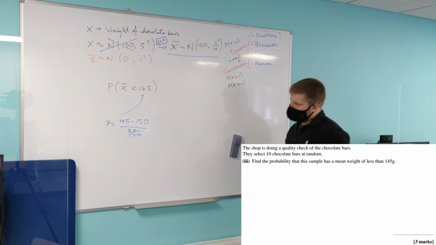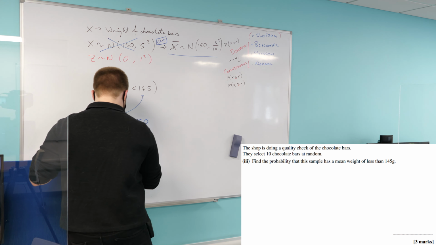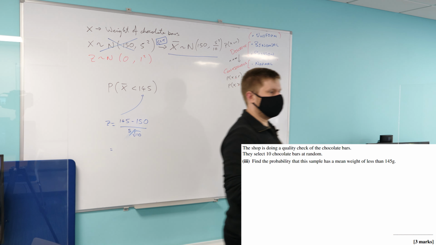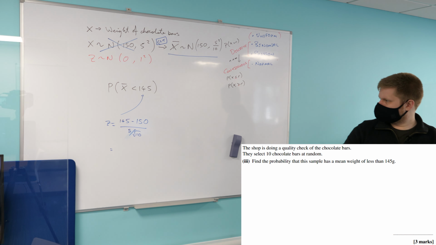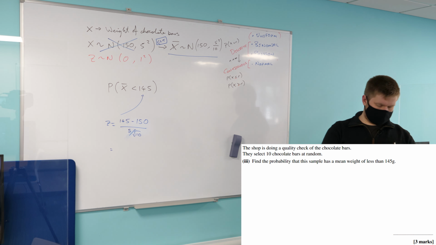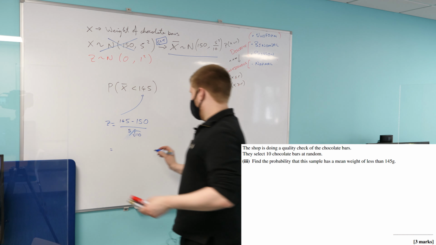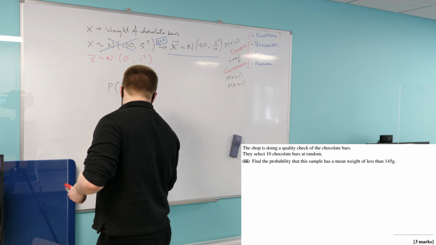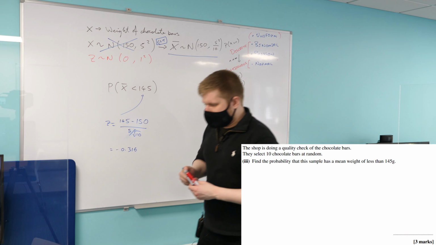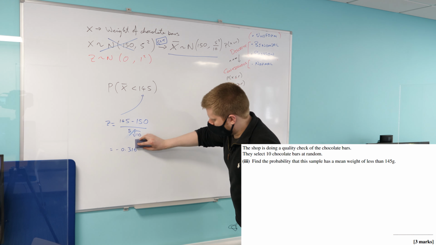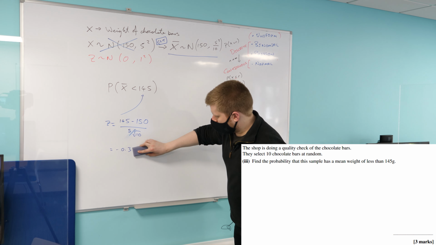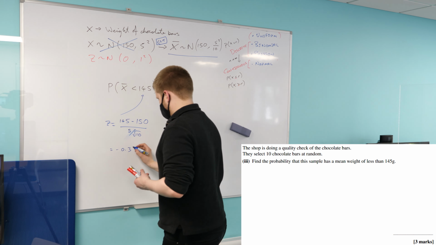Okay, so this is going to be a non-integer. Do you want to just quickly type it in your calculator, see what you get, John? Minus 0.316. Negative 0.316. Okay, great. Now in the tables, we only need 2 decimal places. So I'm just going to call that 0.32, just for the sake of not having confusion.